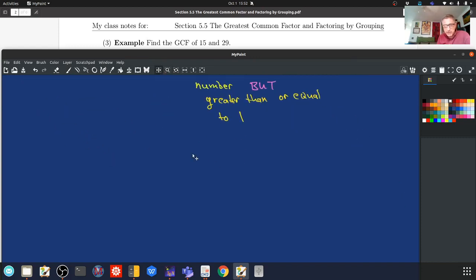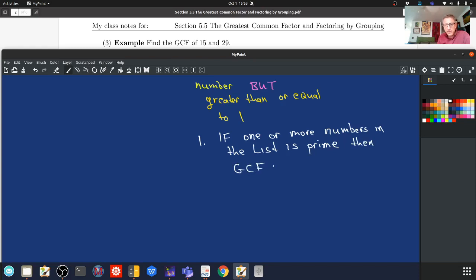And then I'll come back to it. Additional info. If one or more numbers in the list is prime, then the GCF is equal to 1. 2.